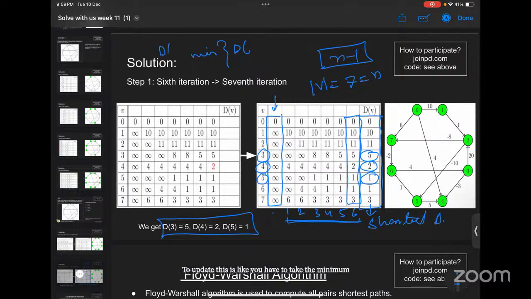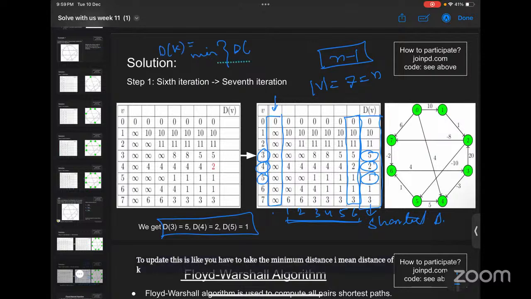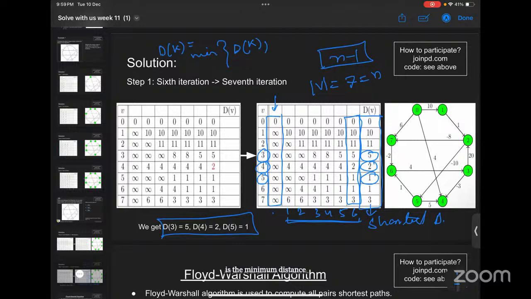I mean, distance of k is the minimum of the distance of k in the previous column and distance of j plus weight of j comma k, where j is a vertex such that there is an edge from j to k.